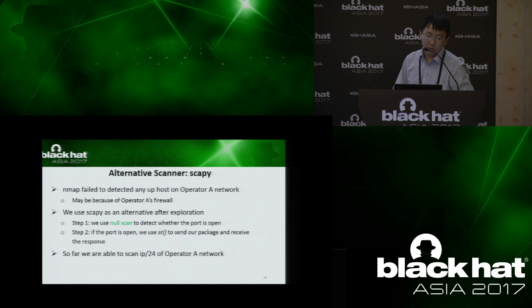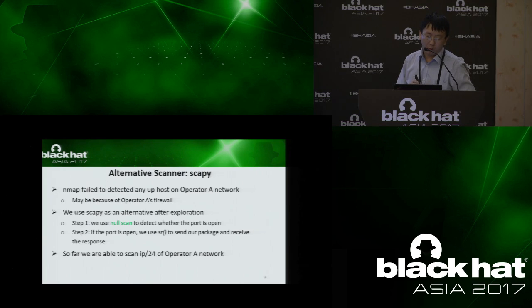In Scapy we use a two-step scanning. The first step is we use NARScan to test the liveness. Then, if the port is open, we use another API in Scapy to send our payload and get a response from the device on the IP address.